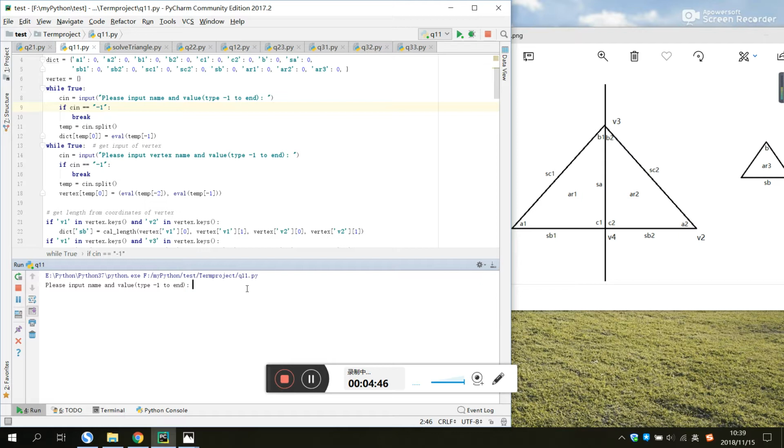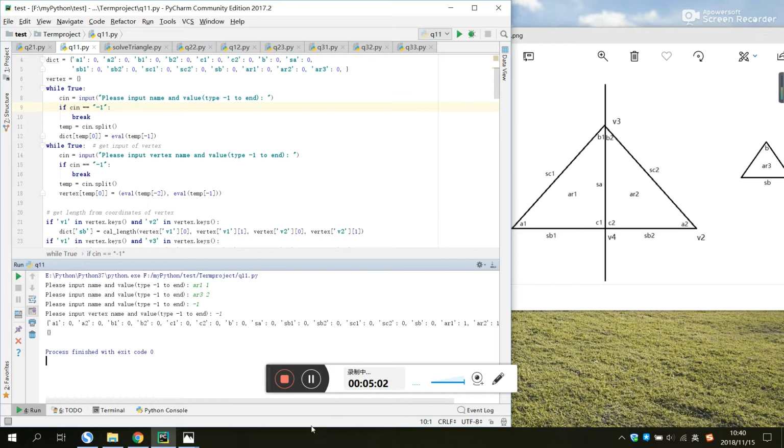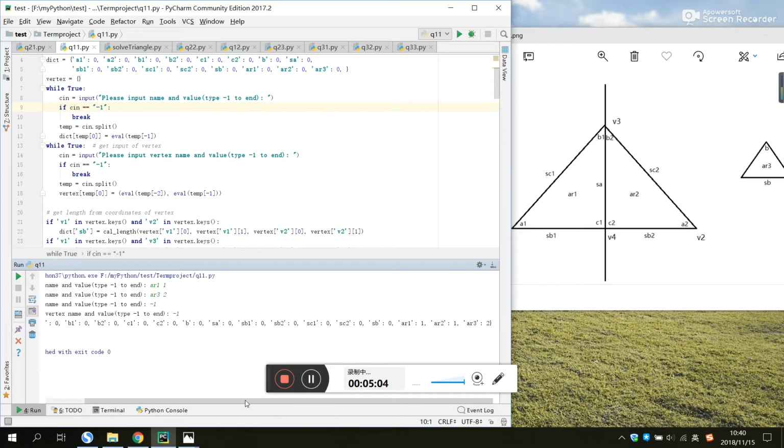The same for areas. For example, area 1 is 1, area 3 is 2. So we can only know about area 1, area 2, and area 3. That's it. L1, L2, and L3.